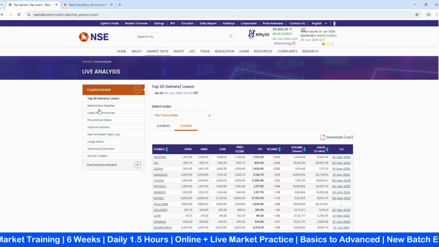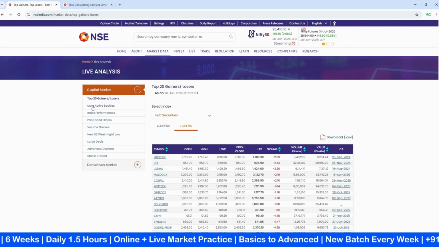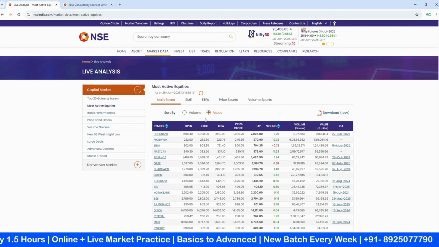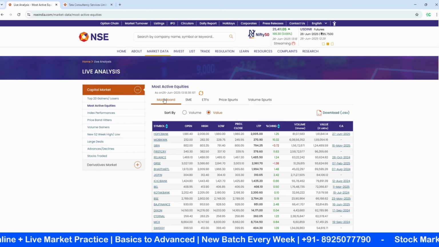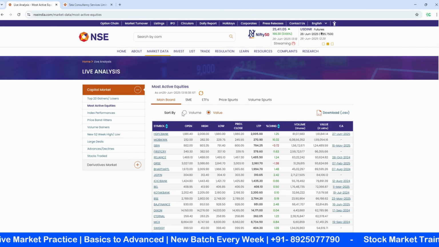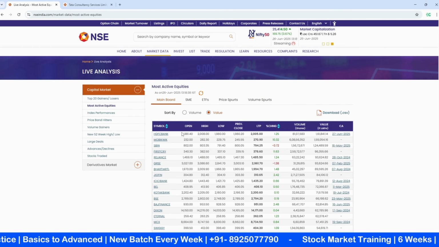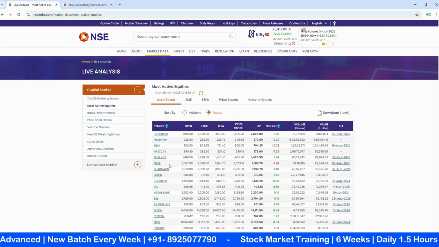But you have a very interesting thing that I use, which is most active. If you get into most active here, you have a price spurt and volume spurt. Before I get into it, let me first explain the main board. So the main board talks about across listed companies, which company is getting most of the traders' interest.